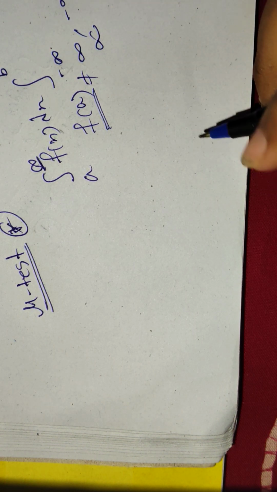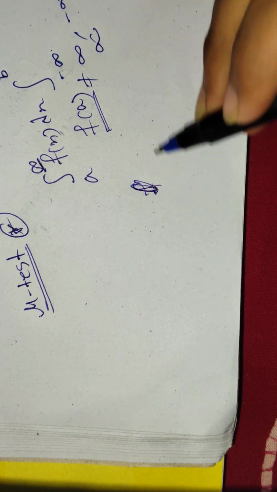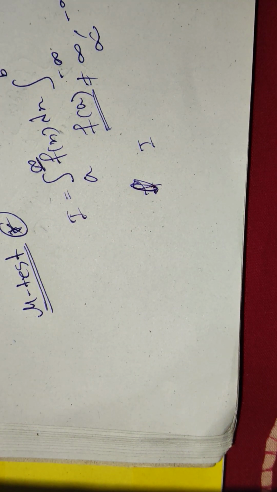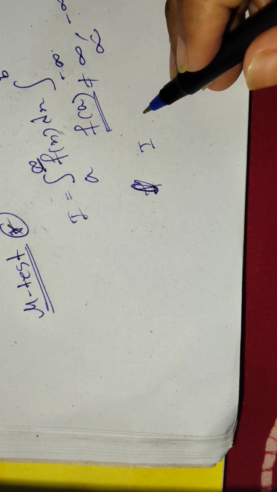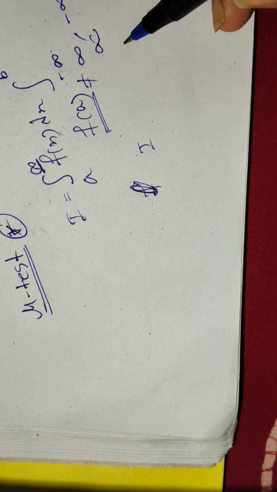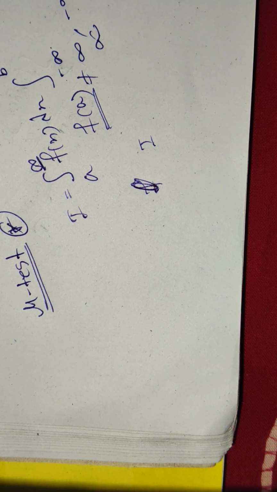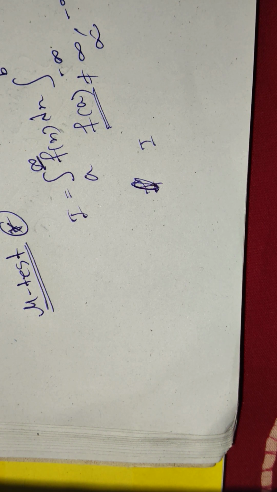The mu test is something like this. The integral will converge absolutely. Be careful about the word absolutely convergent. I will talk about absolute convergence after the limit comparison test, which is also an important topic of this theory.